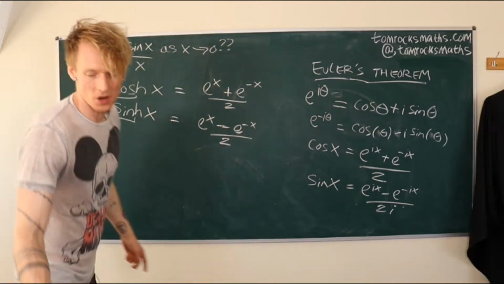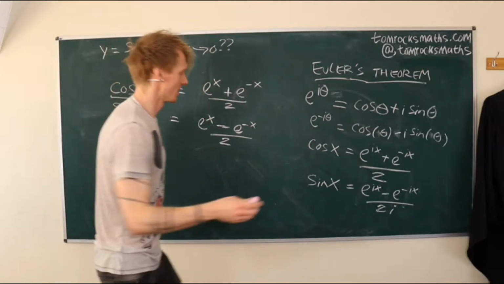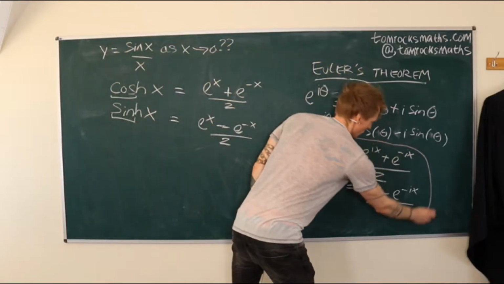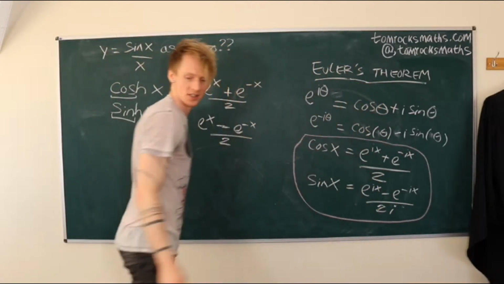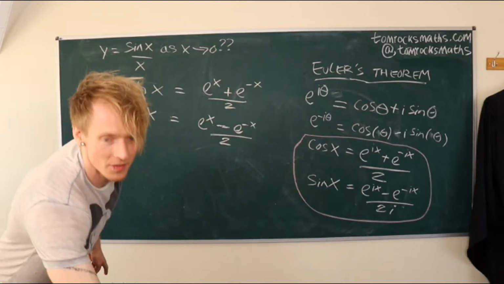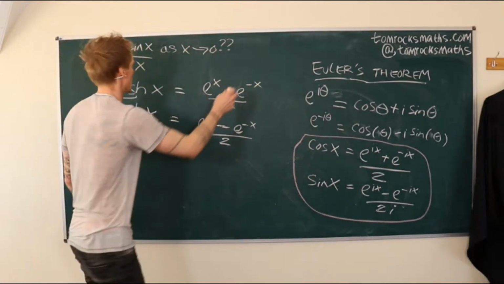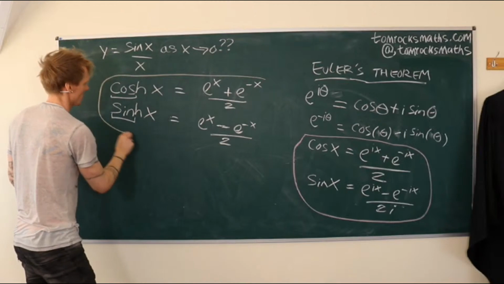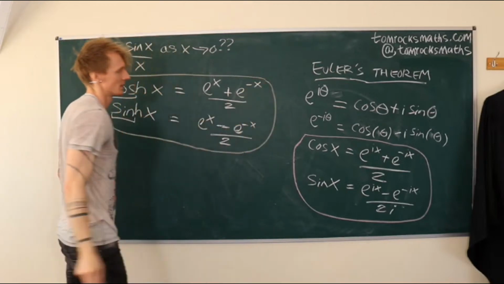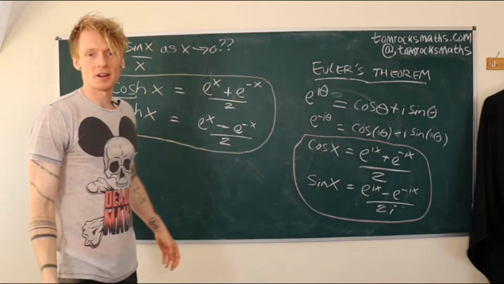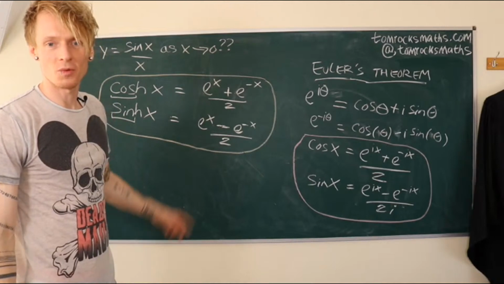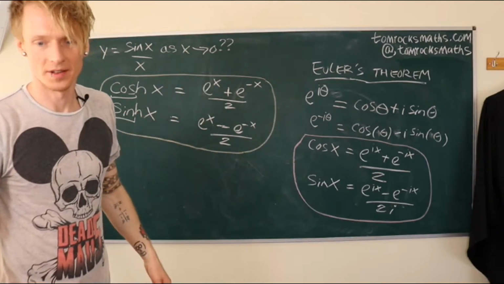Now, those two formulas for cos and sine over here look very similar to the formulas I've got for my hyperbolic functions over here. Very, very similar. Can anyone tell me how we make one of them equal to the other?